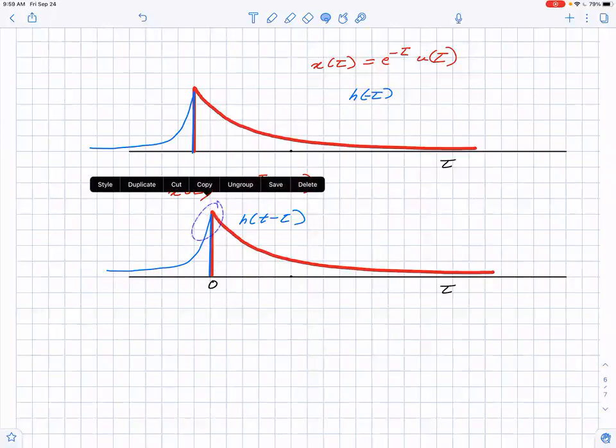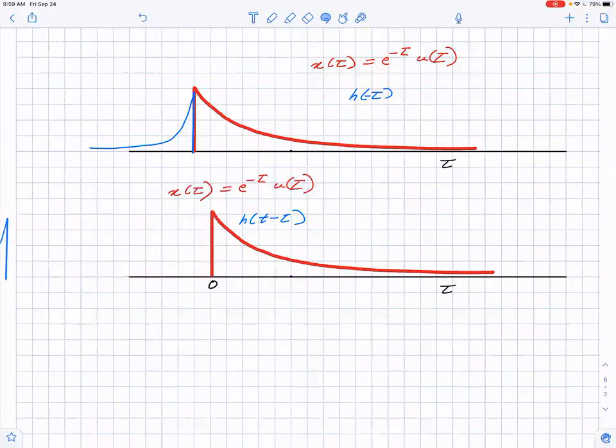And what we're going to do is apply a shift of negative infinity and then gradually increase the shift all the way to plus infinity. So when the shift is negative infinity, that is t equals negative infinity, the blue function is all the way to the left. And as we slowly increase the value of t, this function starts moving to the right.